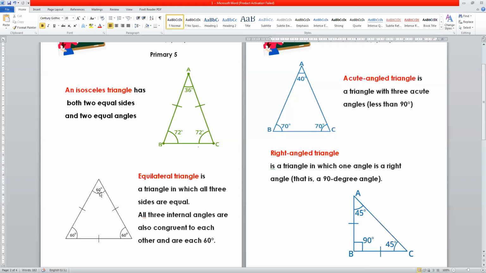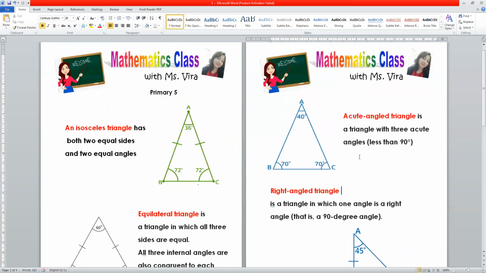So whenever you see that a triangle has 60 degrees internal angles, then for sure that triangle is an equilateral triangle.